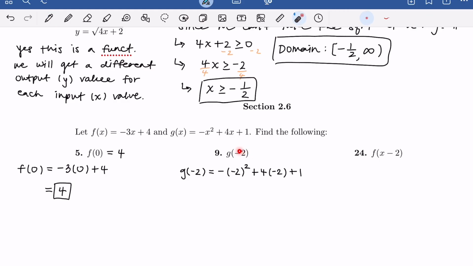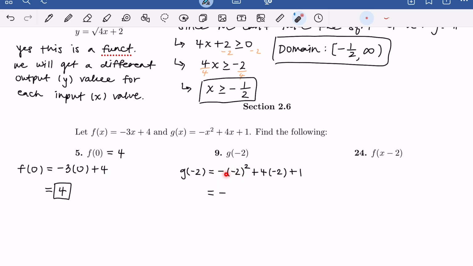This entire thing is negative 2, so this entire thing is going to be plugged into this x. If this x is being squared, then this entire thing, negative 2, is going to be squared. We represent that with these parentheses here. So we're going to have this negative right out front because the square is being applied to everything in the parentheses. So this negative is going to hang out here.